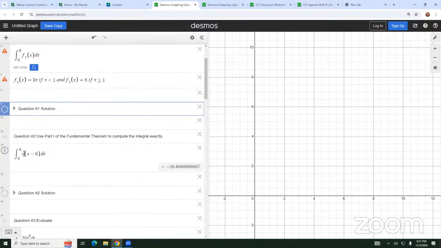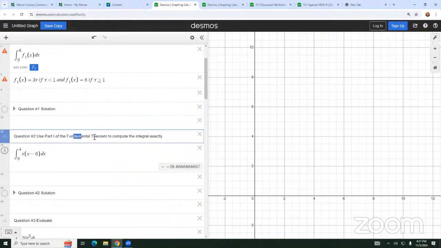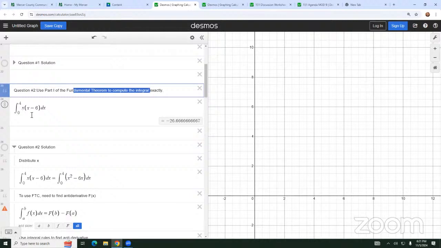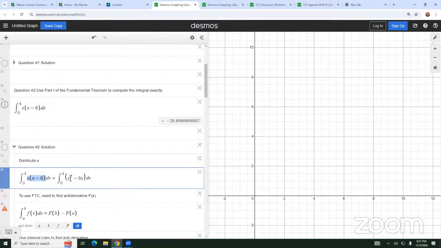All right, this one right here, the answer is already given, except they want you to use the fundamental theorem to find the integral exactly. So to use the fundamental theorem, you have to take what's inside the integral, make it a single thing that you can find the antiderivative of.